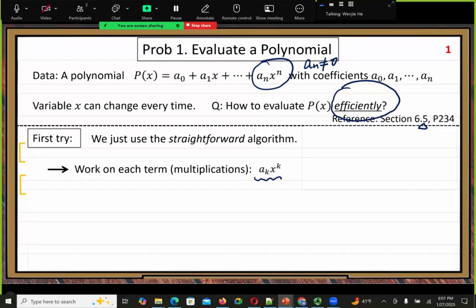Can you tell me how many multiplications we need to calculate this typical term? Count the number of multiplications, and give me the value in terms of k.